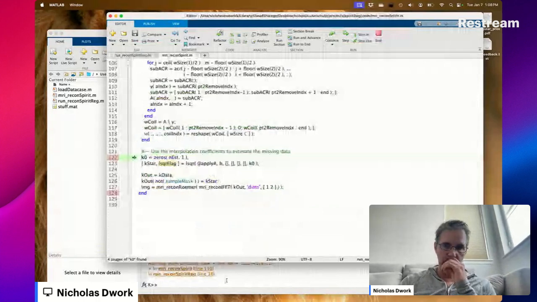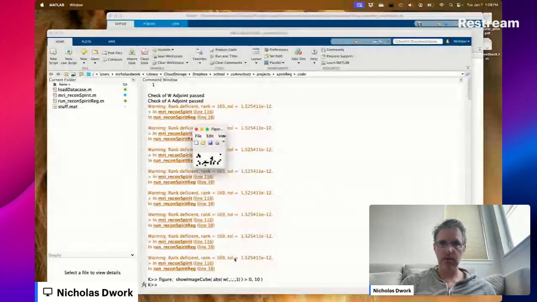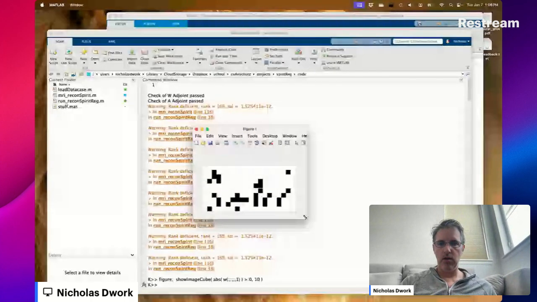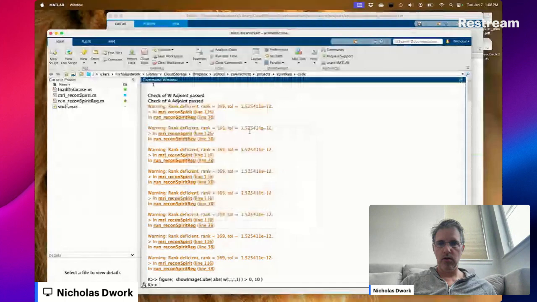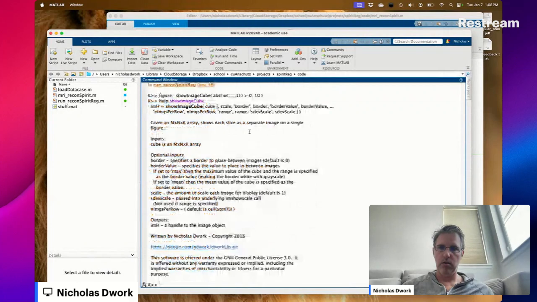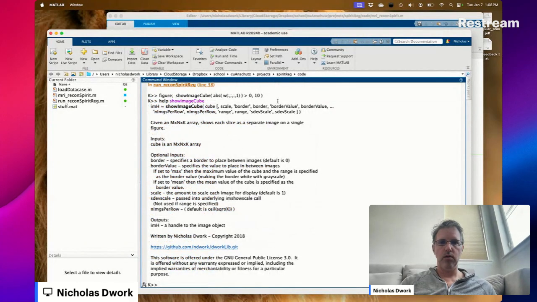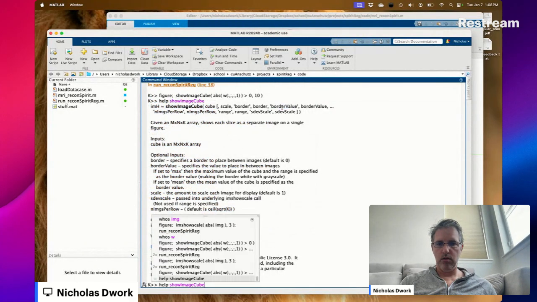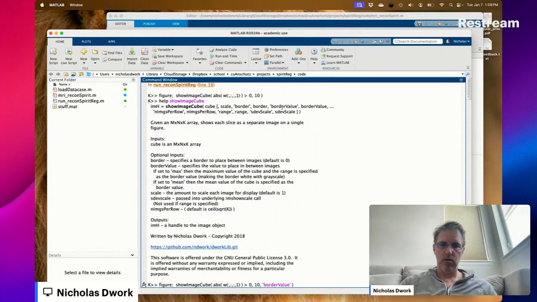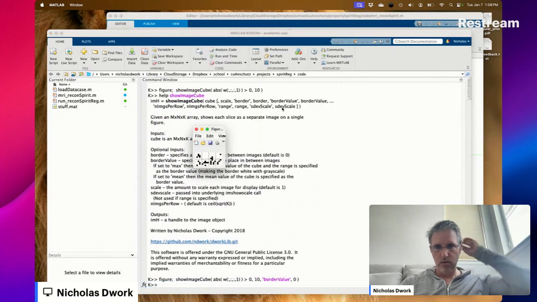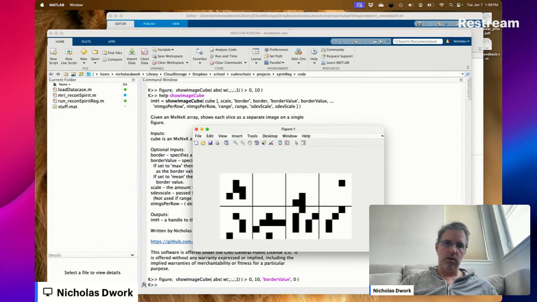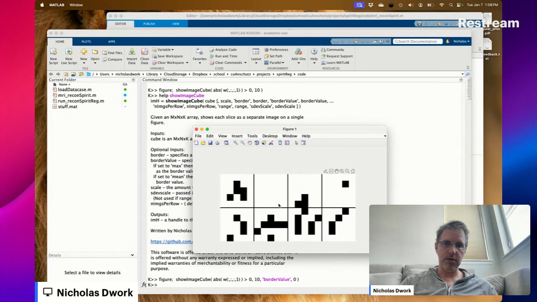So there are way too many zeros in W. So this is the first slice convolution kernel, this is the second slice, this is the third, and this is clearly wrong.